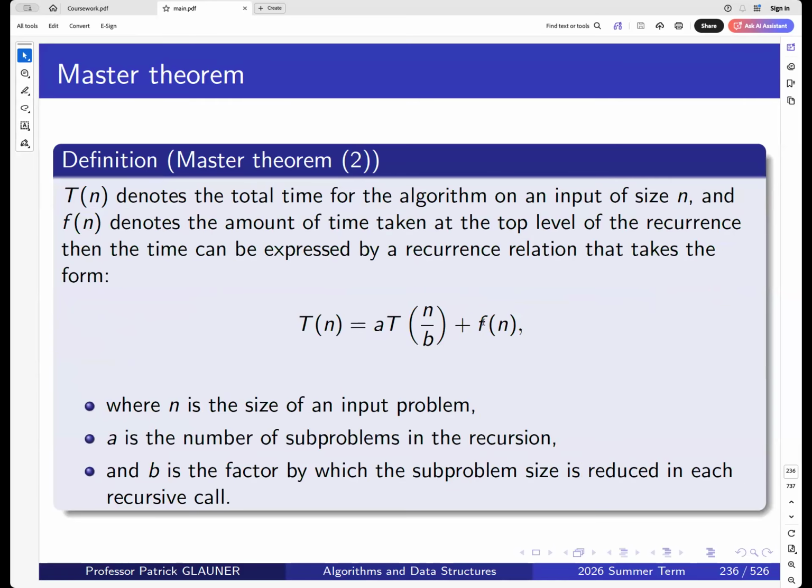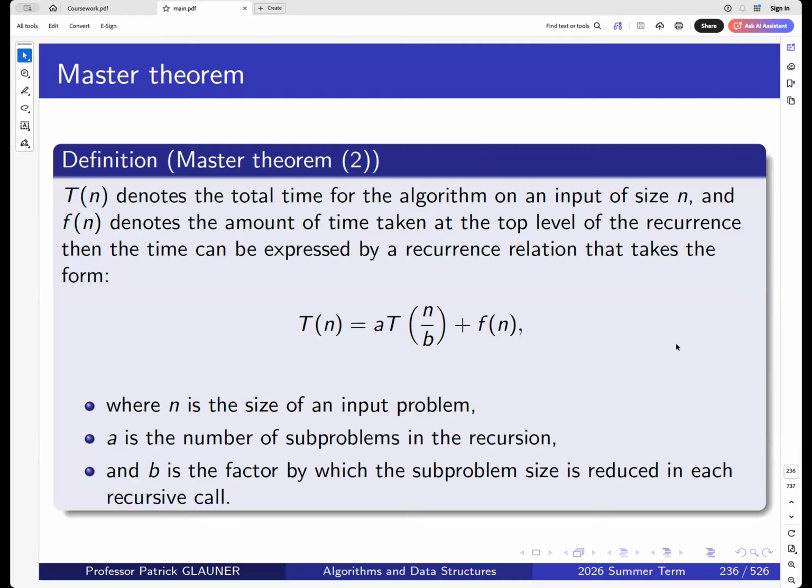Here we have some work for splitting into one or multiple recursive calls, and we have work for recombining when we put the results together, but also work is done in these recursive calls.